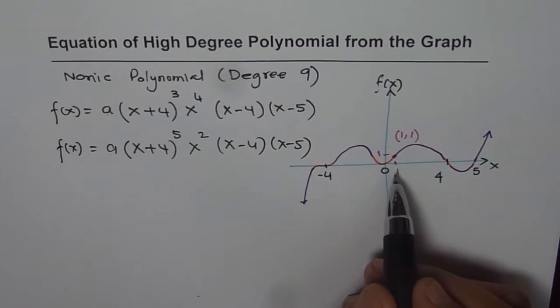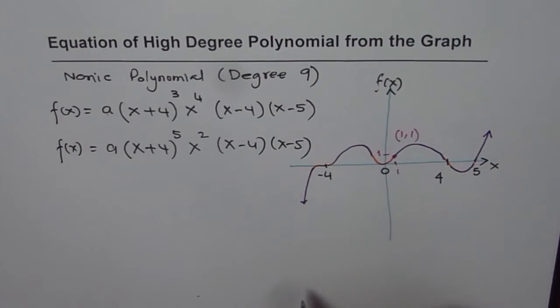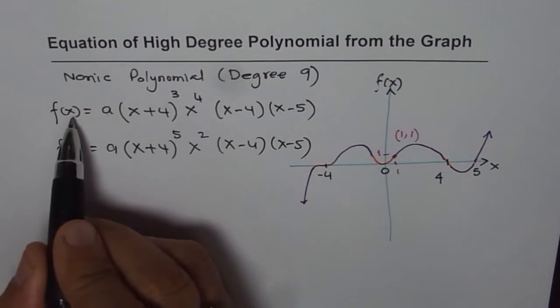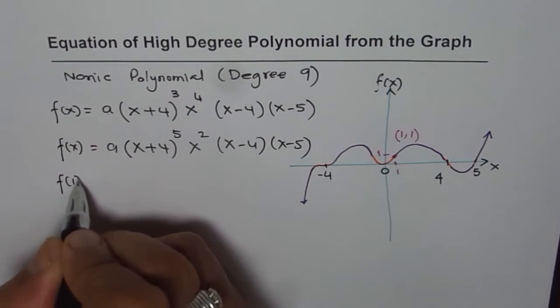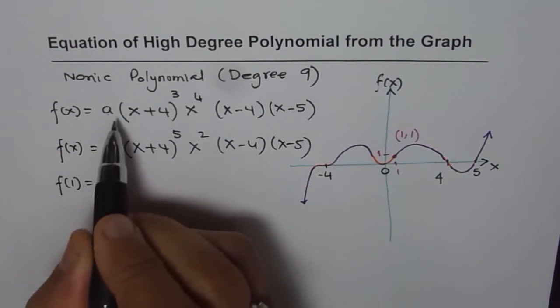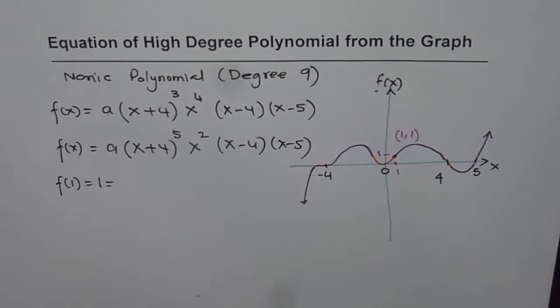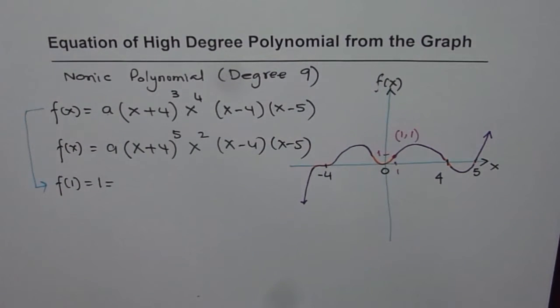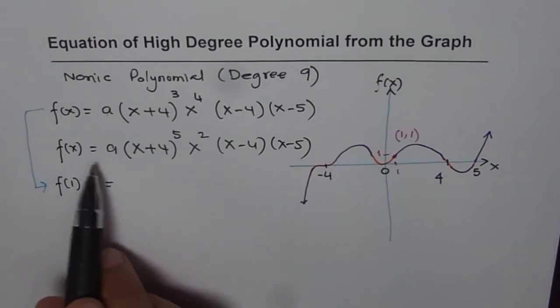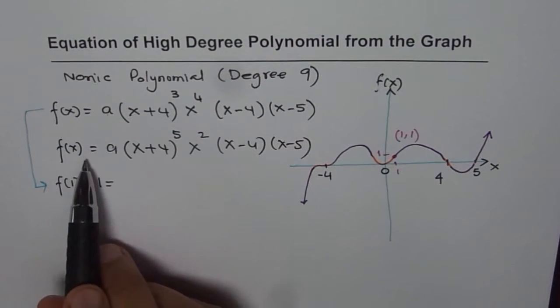What I'm trying to say is that we have a point (1, 1) on the graph, so that means f(1) should be 1. So we can write f(1) = 1, using the first equation. As a practice, you should find the exact equation for the second one.